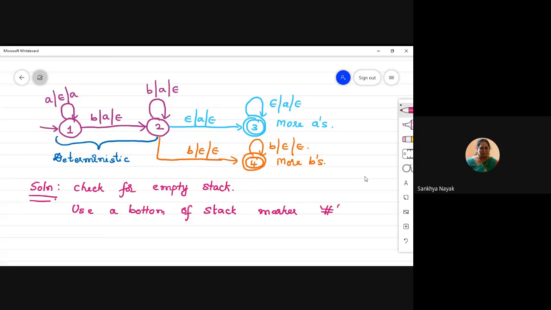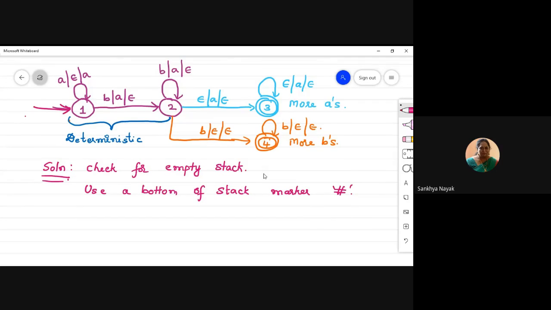That means before you do any of this, whatever I have shown in this diagram, we'll introduce a state, let us say state 0.